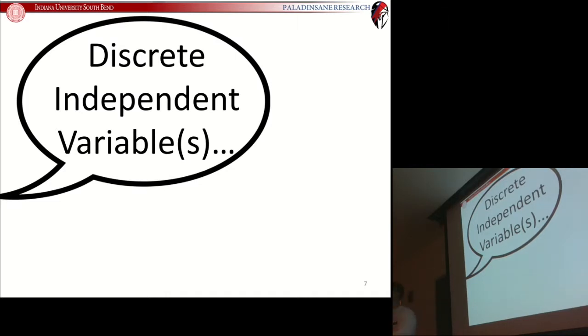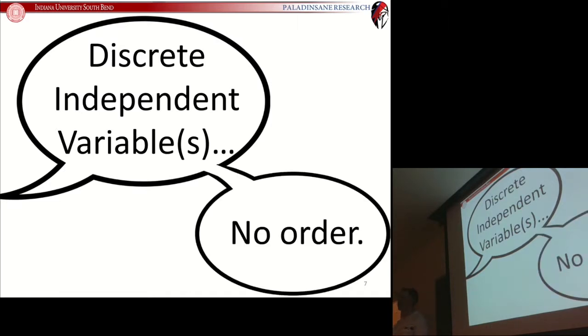So the first thing you want to decide is for your independent variables, are you measuring them as discrete variables that are in distinct categories, or are they being measured continuously? So if you're doing it discretely, if you have your variables in different categories, and there is no order to your variables, then this decision tree that's coming up is going to be the one that you want to take a look at.